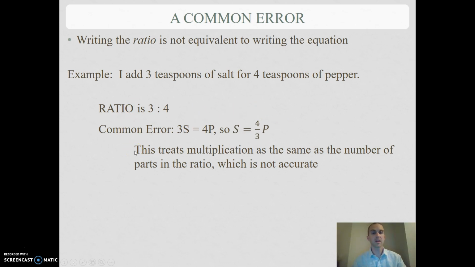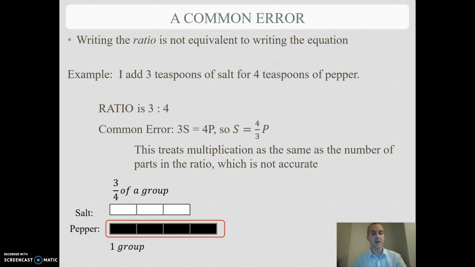That's why we think about how to set up the unit rate: what makes one group, and then how do we relate the other one. It only makes 3/4 of a group of salt, hence salt is equal to 3/4 the amount of pepper. The common error students make typically creates the reciprocal of what should be the slope of that direct variation equation. So we want to try to avoid that.